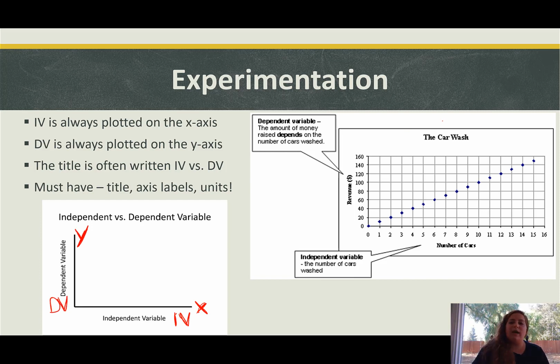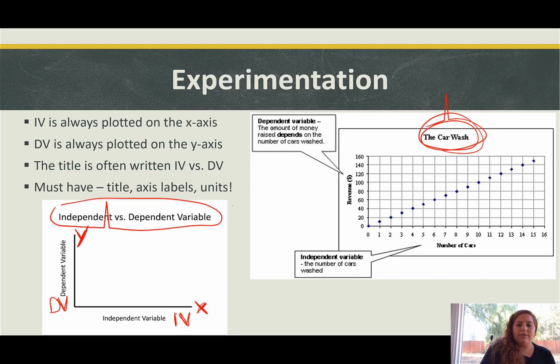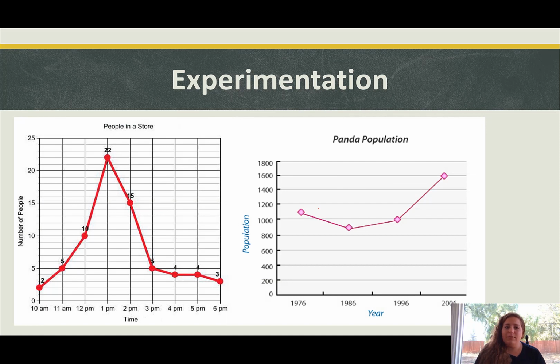I always want to have a title as well. Often it's in the form of IV versus DV, just because that really helps you understand what is going on in your graph or your table. It really helps your reader or the person looking at it to get a quick view of what they're looking at. So looking at some examples, these have titles, but people in a store.